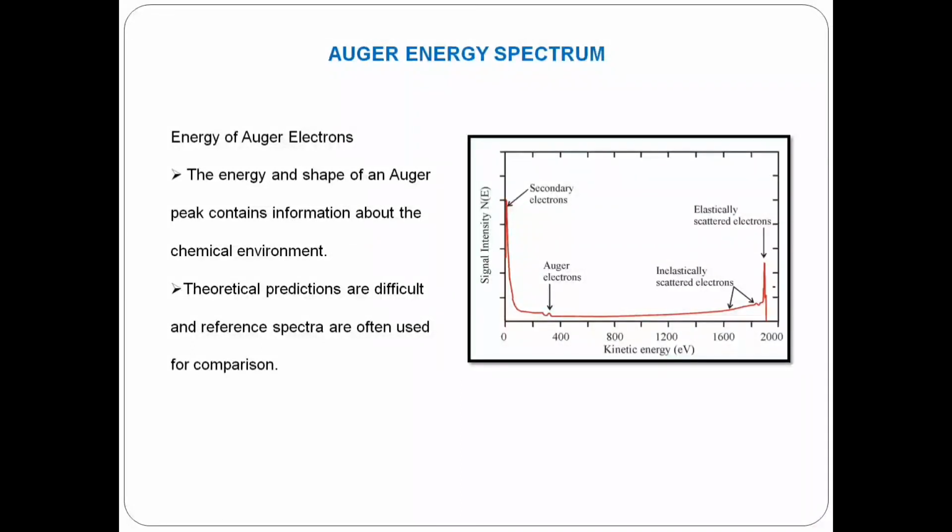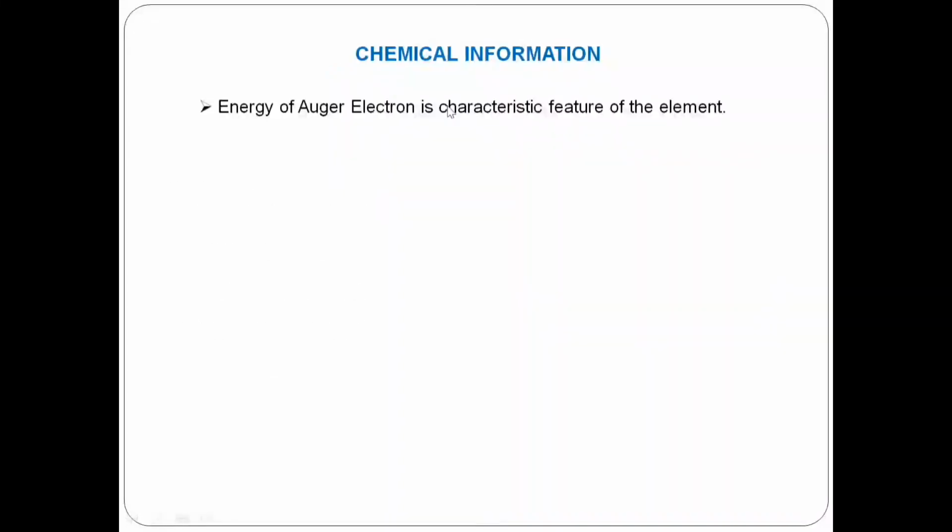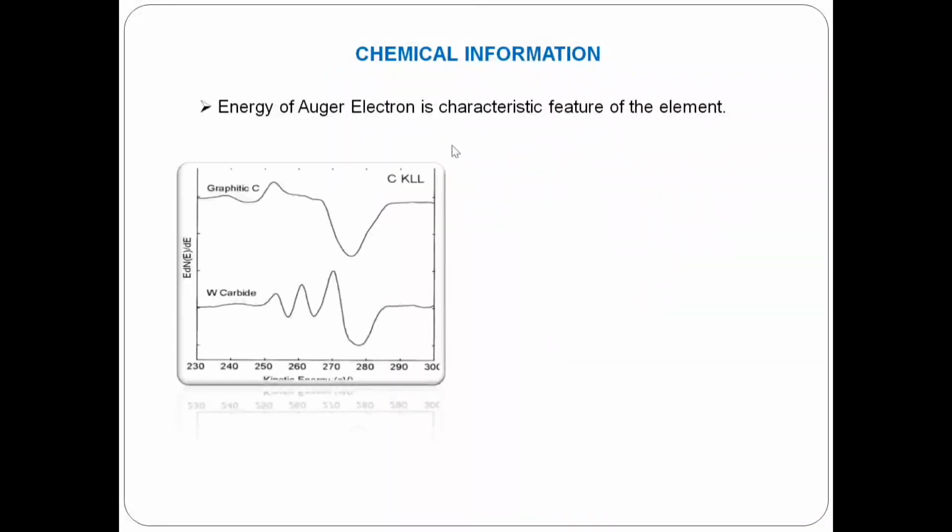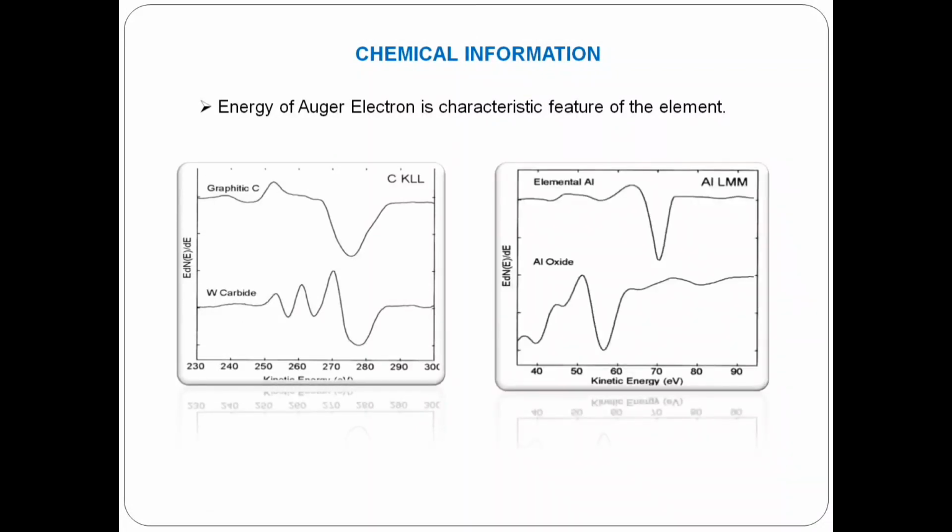Theoretical predictions and reference data spectra are often used for comparison. From the Auger energy spectrum, we also get the chemical information of that element. Here are the two spectra of carbon and aluminium, from which we learn what type of element it is by knowing the Auger energy spectrum.